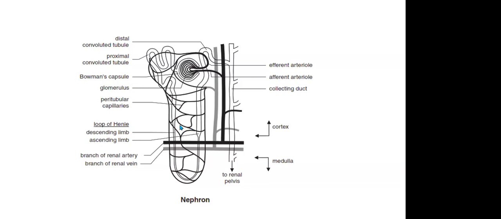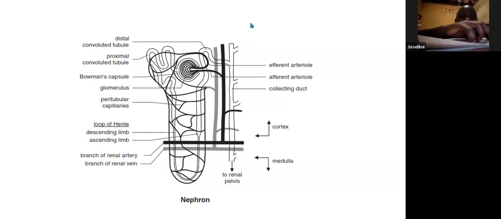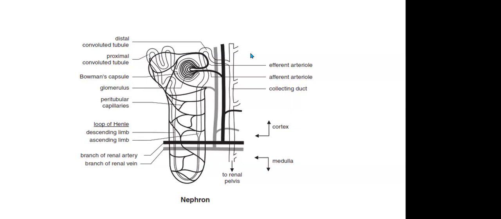All we need to appreciate is that the loop of Henle is a site where water is absorbed back into the bloodstream, together with the distal convoluted tubule and the collecting ducts. All right. As we go through the next questions, we can bear this picture in our minds, so that we can answer the questions satisfactorily.